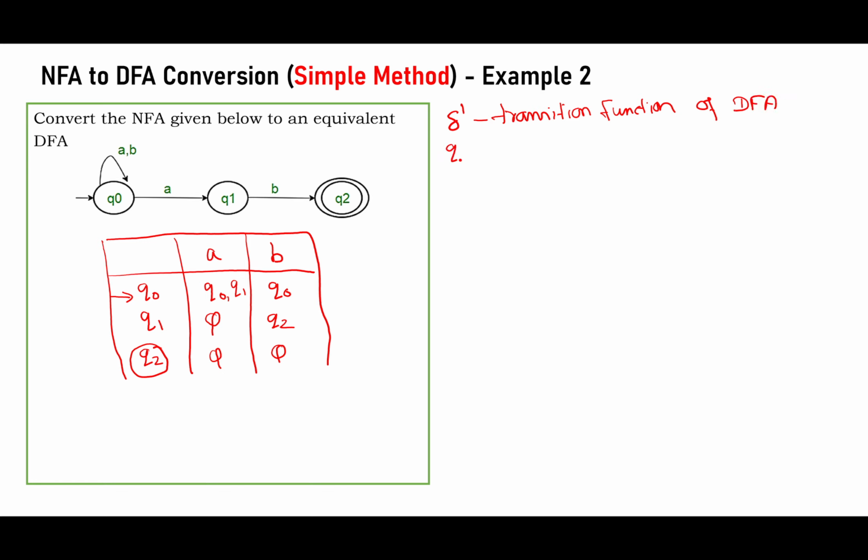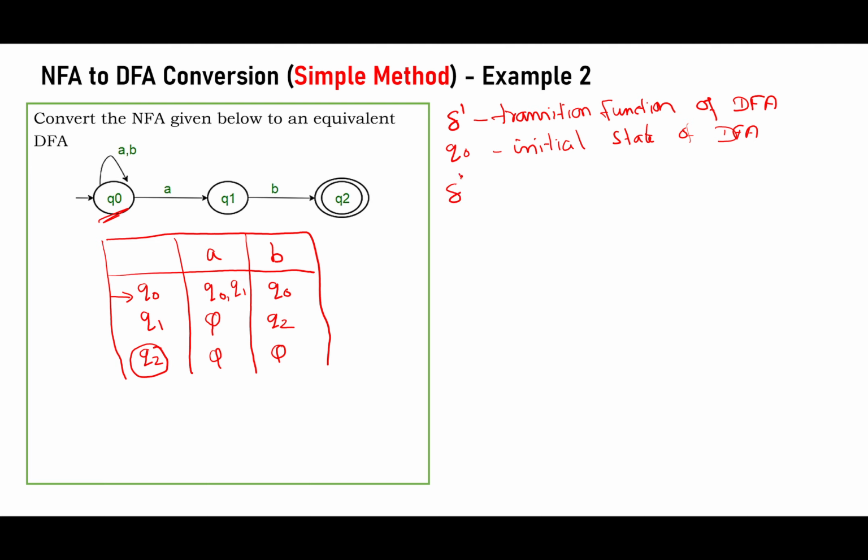Then q0 is the initial state of the DFA. So first we are considering q0 as the initial state, and for all the input symbols we are going to check the transition.